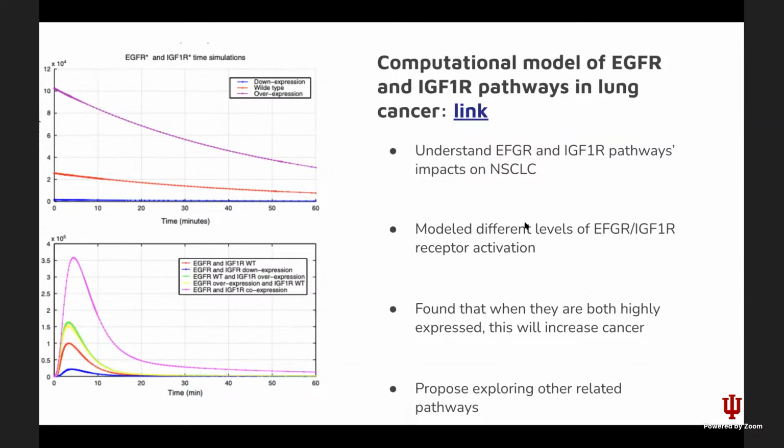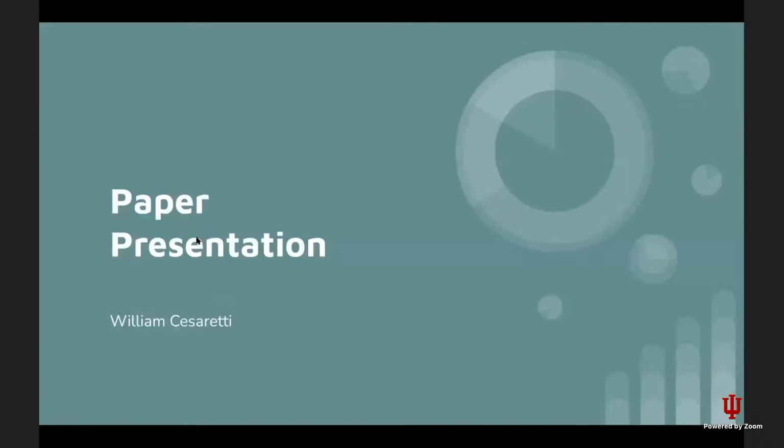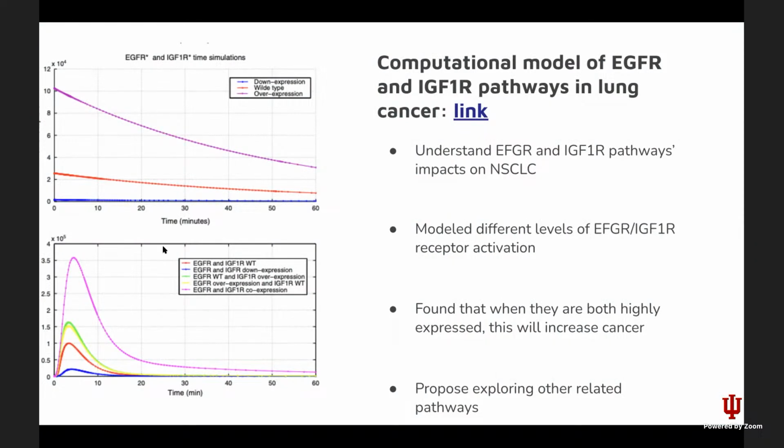So what they did was they modeled different levels of EGFR and IGF-1R, and they were looking for the amount of, I think, ERK pathway activation, and the more active an ERK pathway is, the more growth and survival of cancer cells.